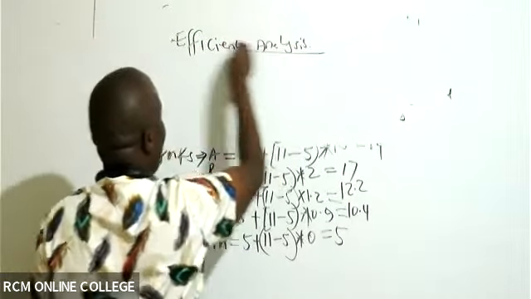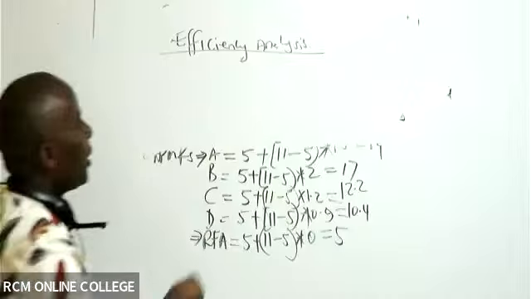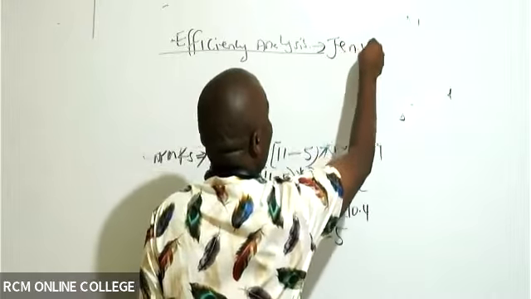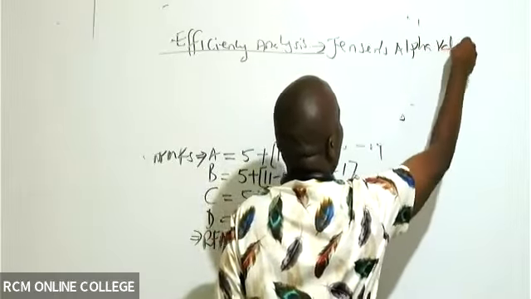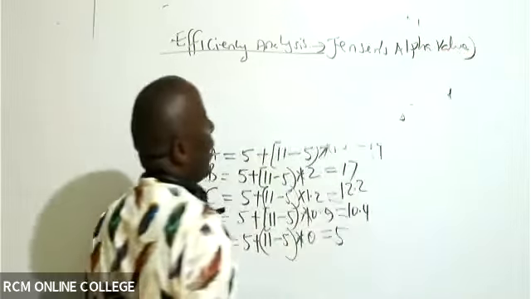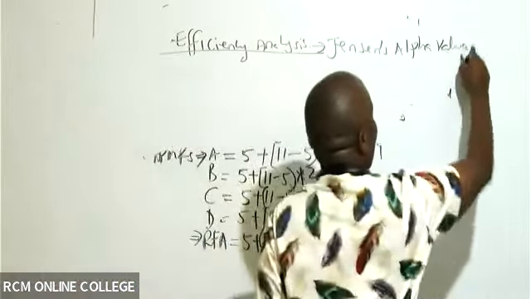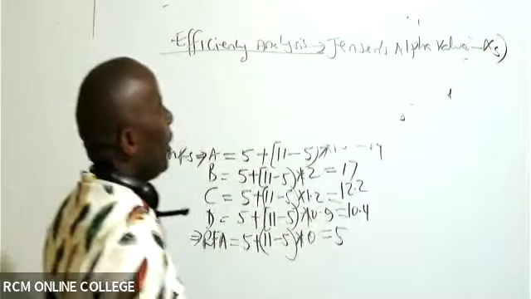With this efficiency analysis, we normally use the Jensen's alpha value, which we shall be abbreviating as alpha.